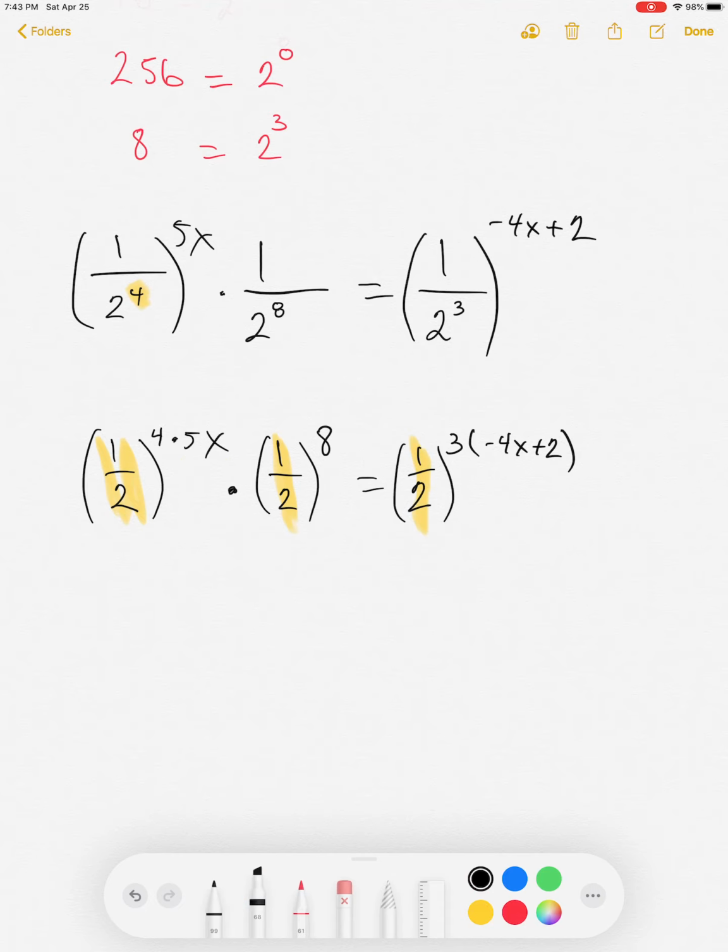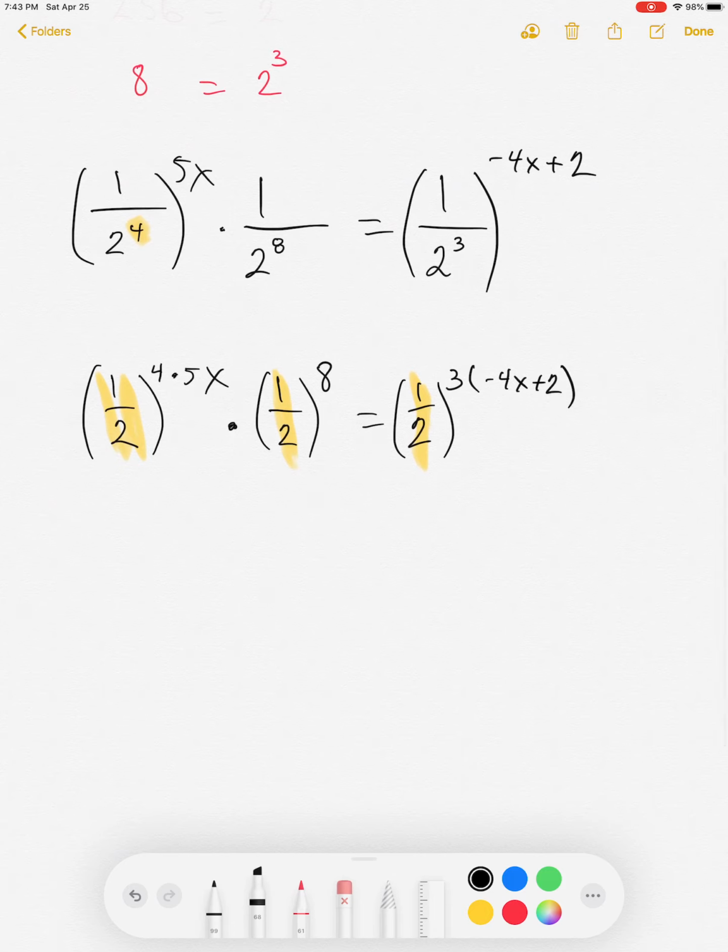So what that means then is, when I have two bases multiplied together, remember, if I have the base a to the b times a to the c, that's the same as a raised to the b plus c.